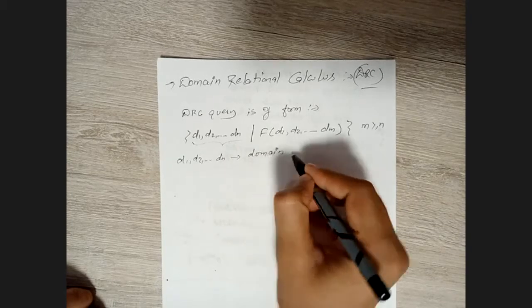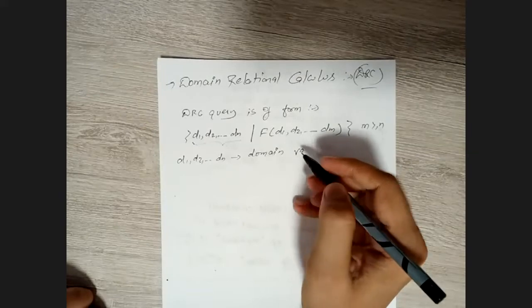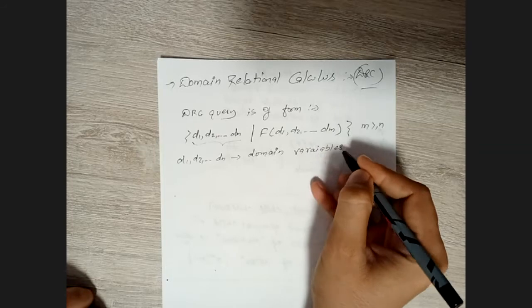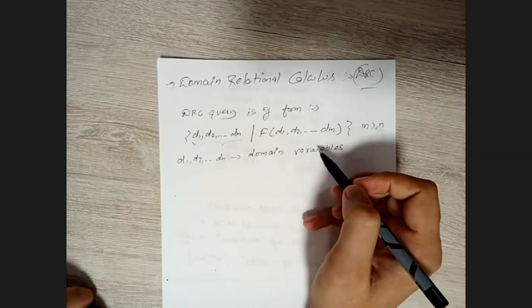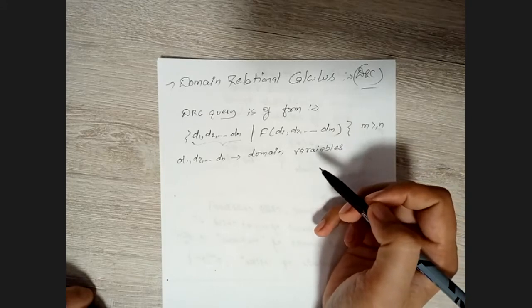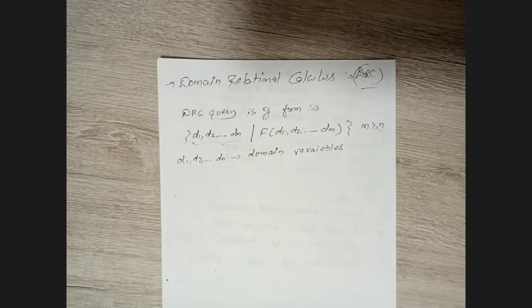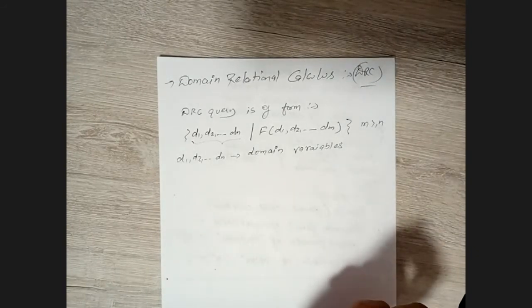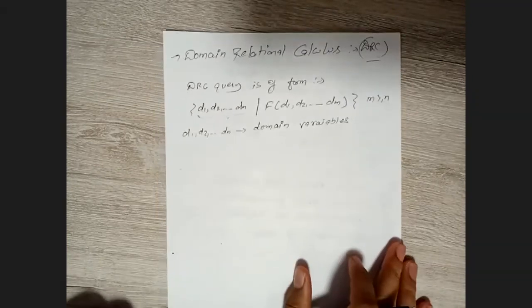We had tuple variables, but now in DRC we have domain variables. And f represents your formula composed of atomic formulas. This is the same definition we have already seen in TRC. The only difference is we are now working on the domain of variables, that's your attribute. So without wasting time, let's start solving a question here.